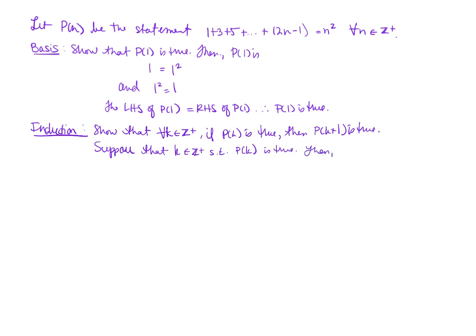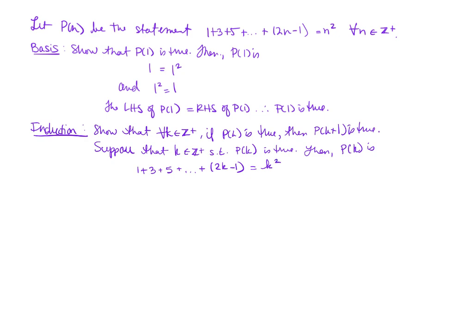Then we can say P of k is, and now we go back to our P of n statement and we sub back in k anywhere we have an n, just like we were using function notation. So we would have 1 plus 3 plus 5 plus the sum all the way out to now 2k minus 1 is equal now to k squared.